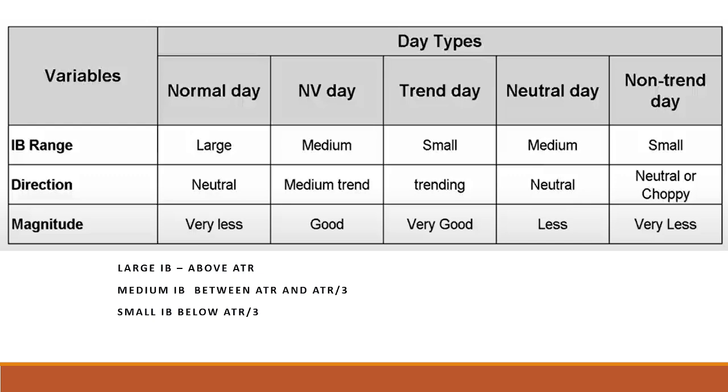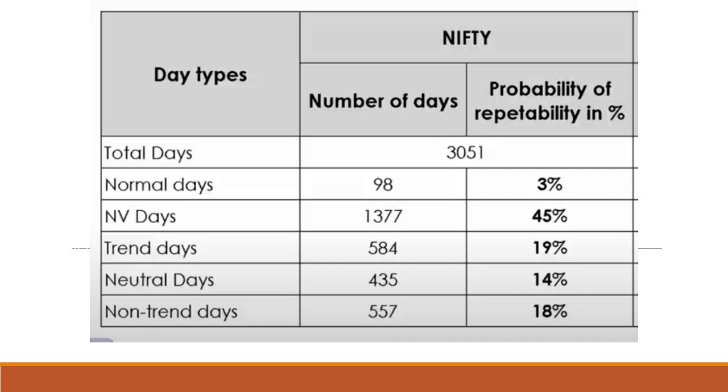Any IB value above 197 will be considered a large IB. A medium IB should be between 197 and 197 divided by 3, that is, around 65 to 197. A small IB means below 197 divided by 3, that is, below 65.